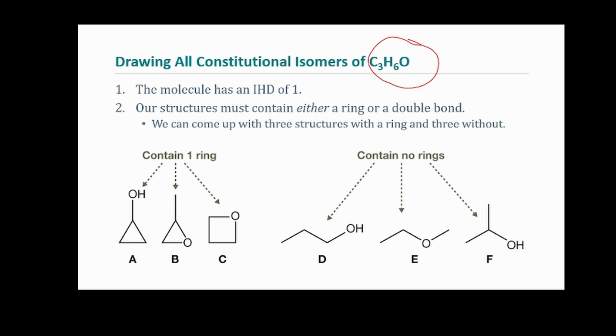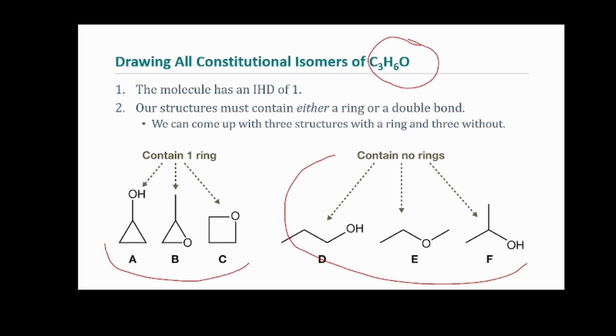Okay? So these are some examples of constitutional isomers that would have rings in them, right? And see how we can just move our oxygen through into the ring, then expand the ring out. And then this right here is going to be ones that contain no rings, but we could add a double bond in, can't we?